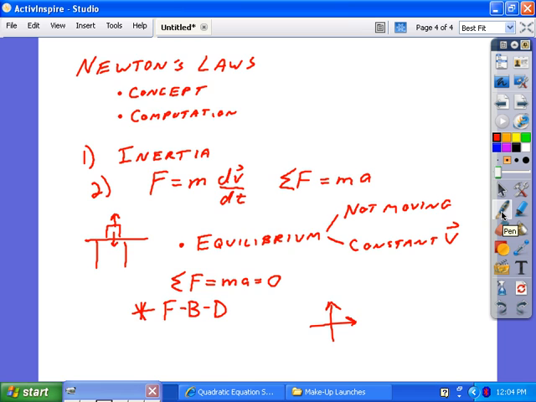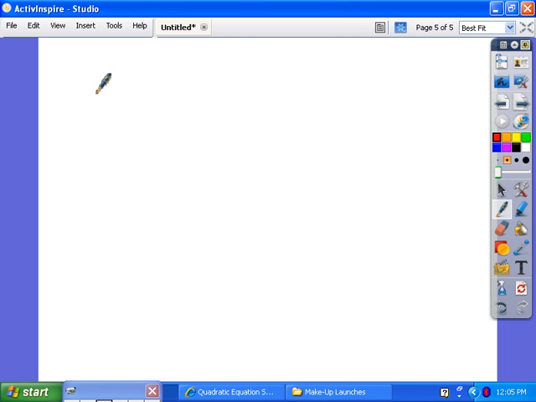Okay? And then the third law. Every action has an equal and opposite reaction. In other words, forces occur in pairs. You cannot interact with anything else without that other object interacting back with you.